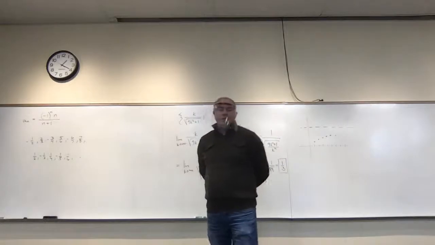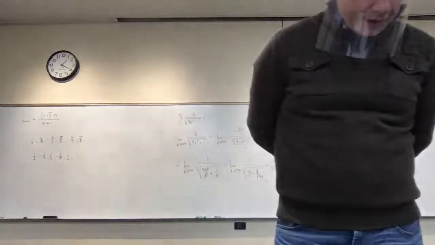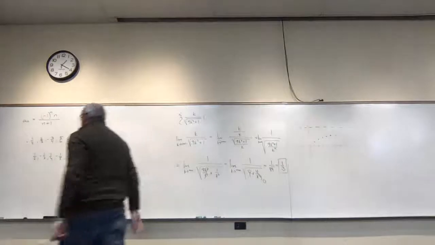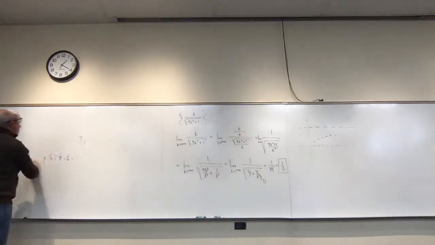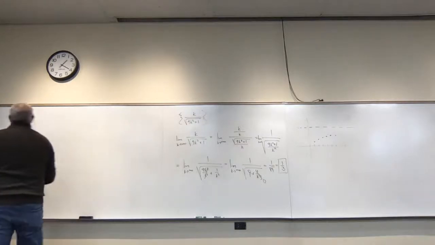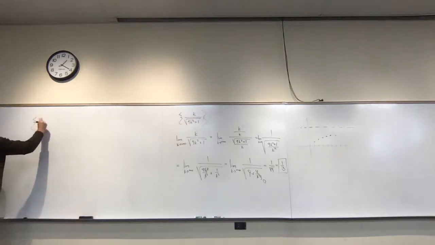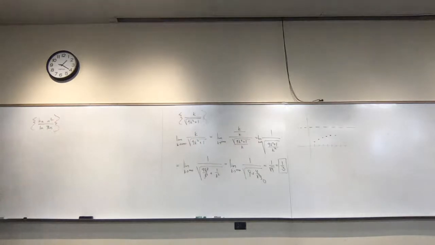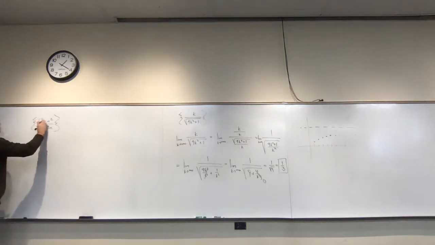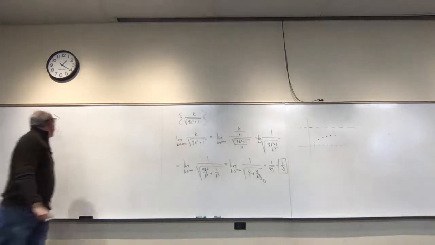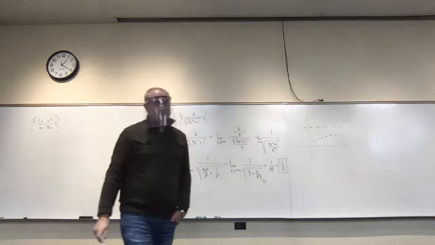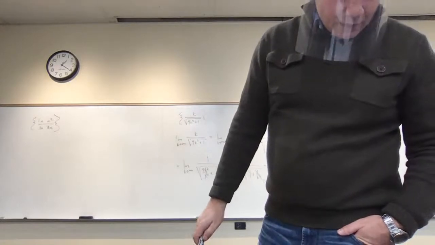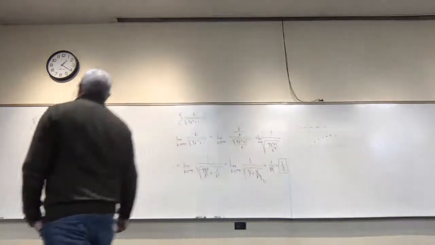Number 25. So we've got ln of n squared over ln of 3n, and we're just trying to find the limit.